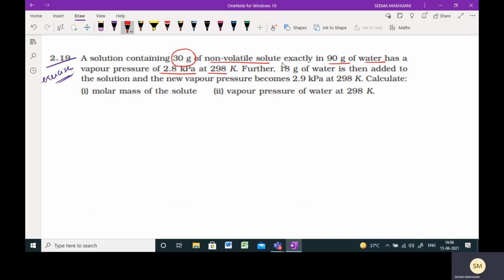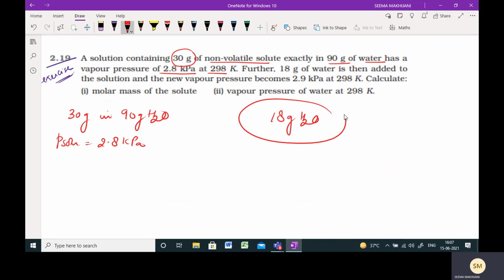Also, so the first data is that you have 30 gram of solute in 90 gram of water. That's one. The vapor pressure of the solution is given as 2.8 kilopascals. That's first information. Now the second information is 18 grams of water is then added to this solution.